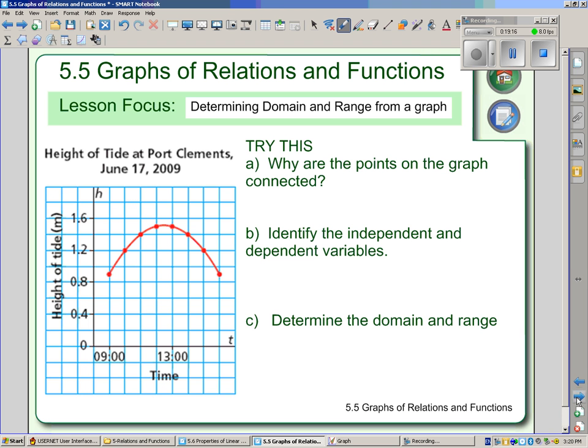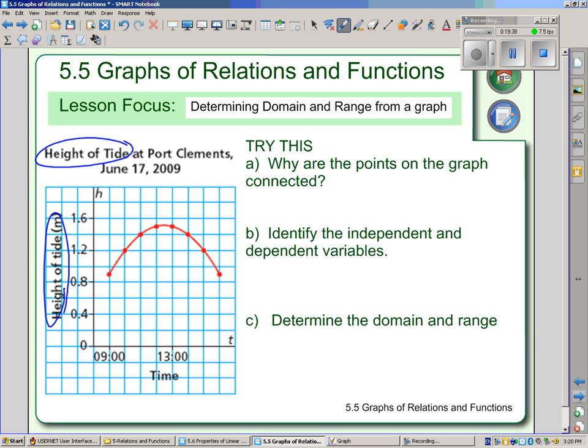Well, we have a height of tides at Port Clements, June 17th, 2009. So the height of the tide, I'm just going back to that naming again. And I'm going to skip to B where it says identify the independent and dependent variables.